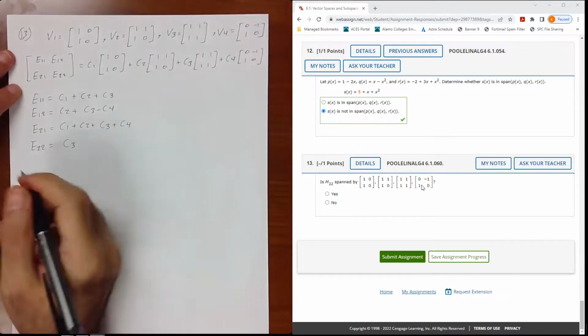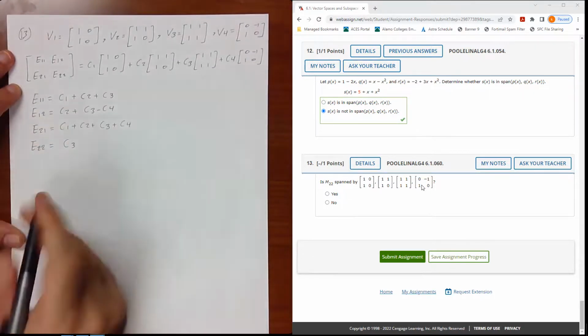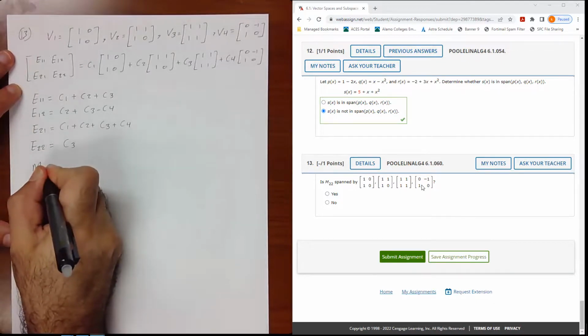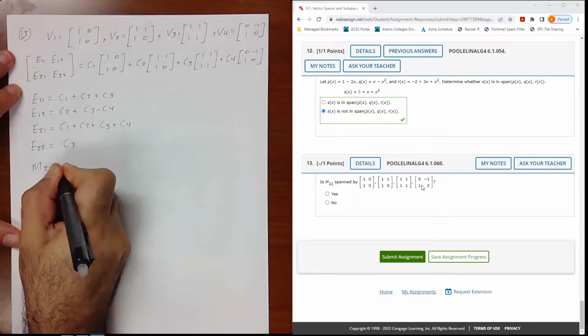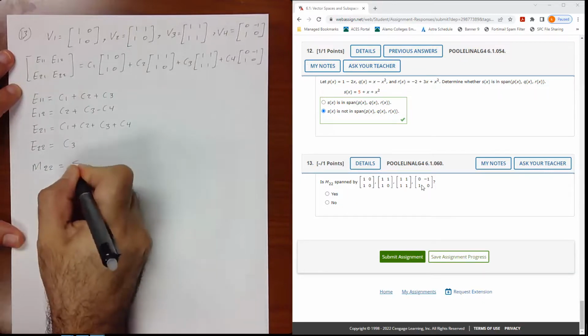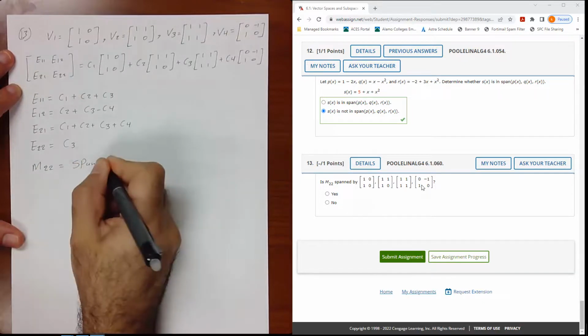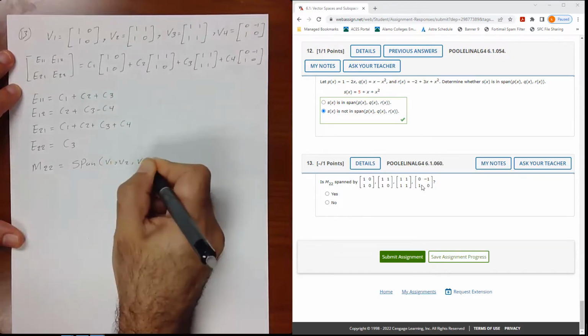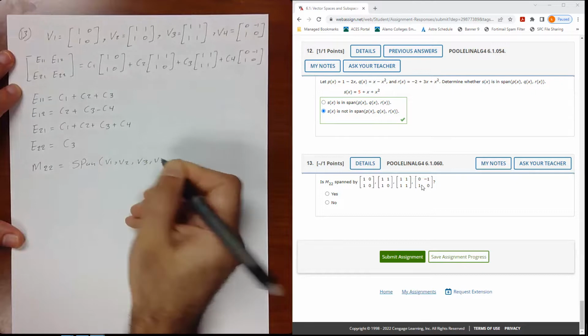That means all the matrices with 2 by 2 are in the span of V1, V2, V3, and V4. Why?